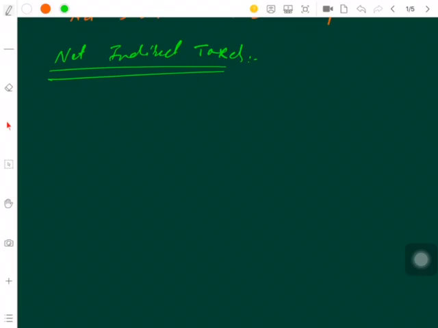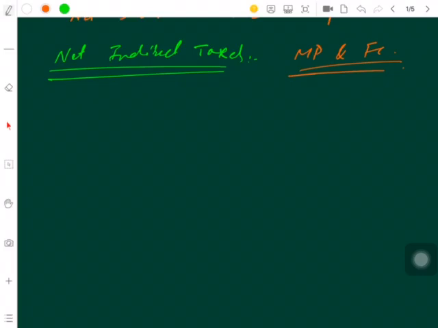See, when we say taxes, taxes are levied upon many of the activities. This net indirect tax is also used to make a difference between the market price and the factor cost, as we have been saying, market price and factor cost. So this is the difference between the two. But first let us see what this net indirect tax is in itself.